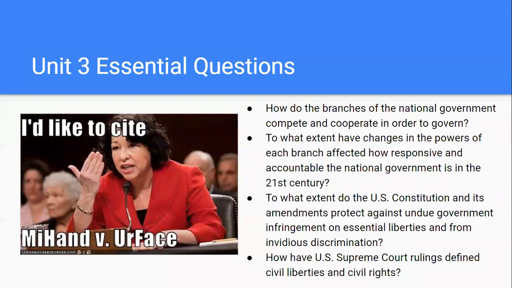So remember that civil liberties are essentially the Bill of Rights. Civil liberties protect the people from undue government interference. Okay, like the First Amendment says that in a free democracy, the right to a free press shall not be restricted.